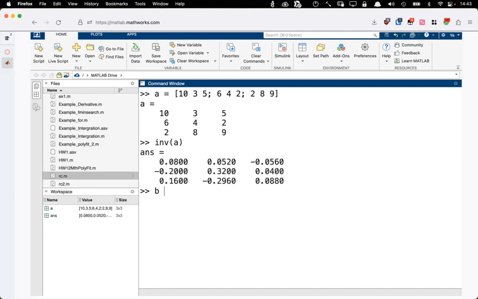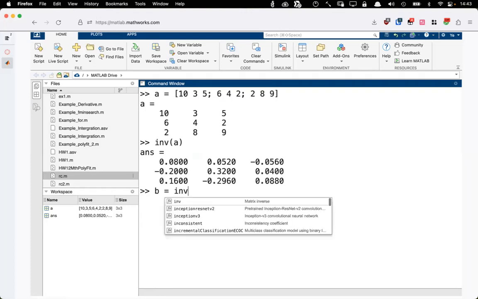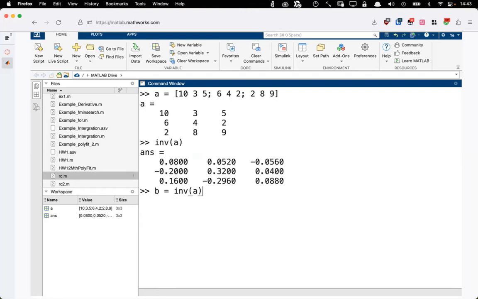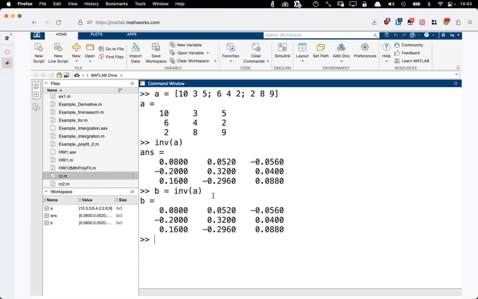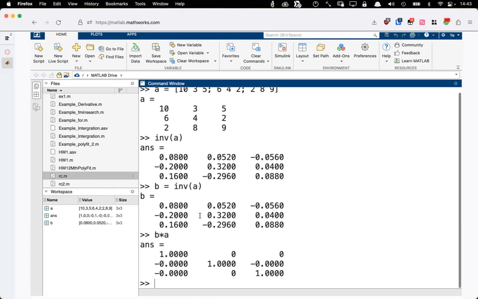So, for example, we can assign matrix B as the inverse matrix of the original A. Okay, let's show this now. B times A is the identity matrix: 1, 1, 1, other elements are zeros, right?